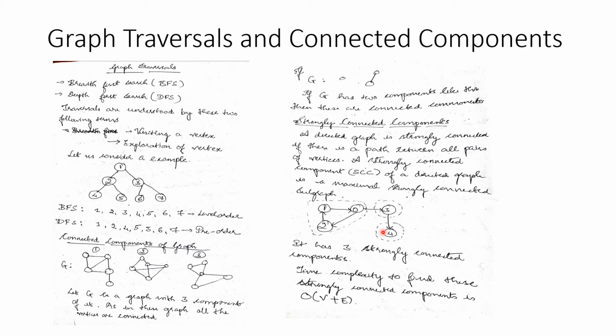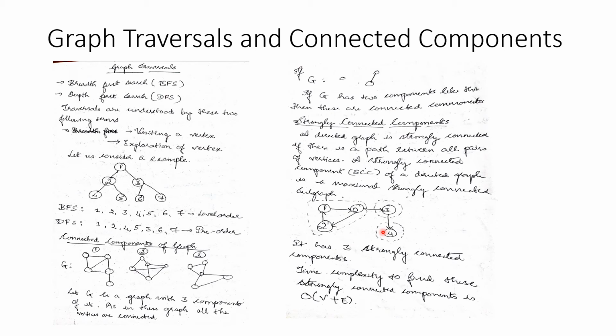To determine which are the strongly connected components for any given graph is our next task. To do that you will be using an algorithm called Kosaraju's algorithm.